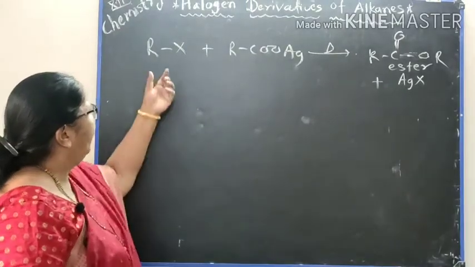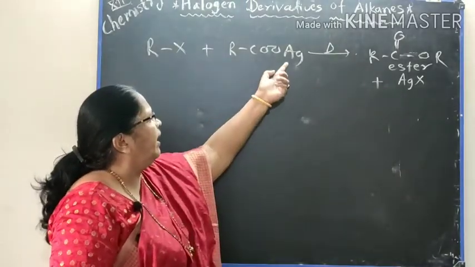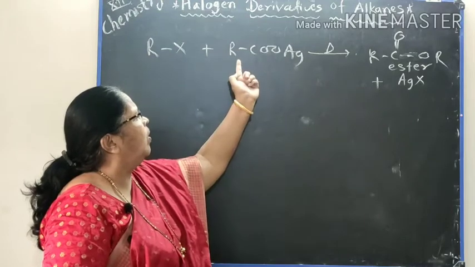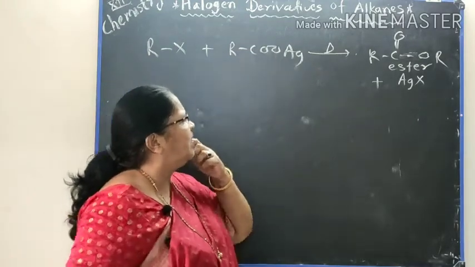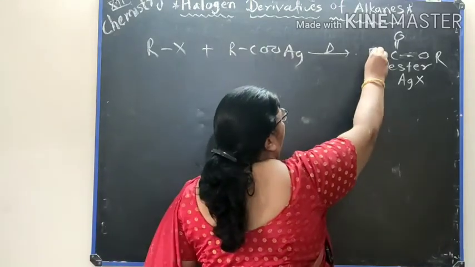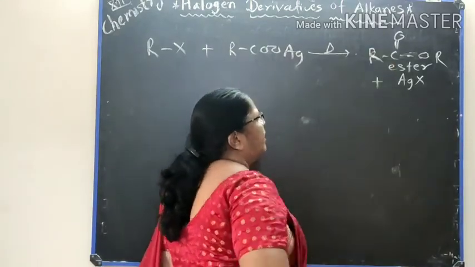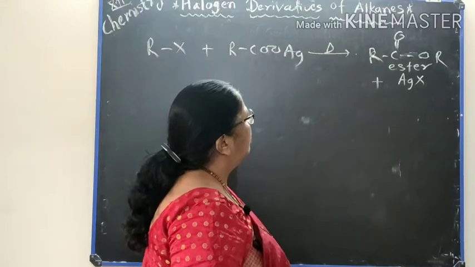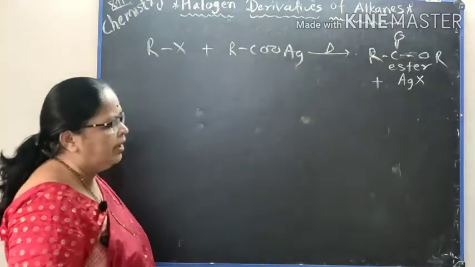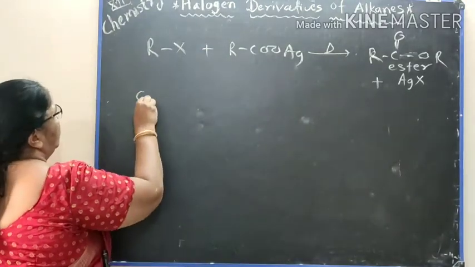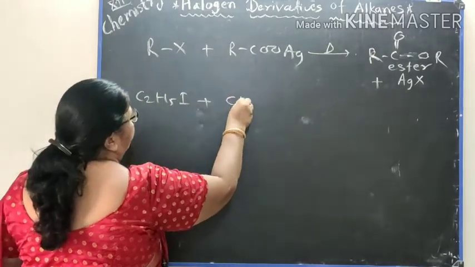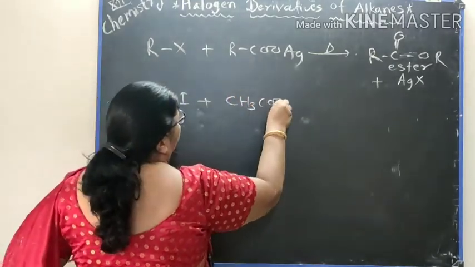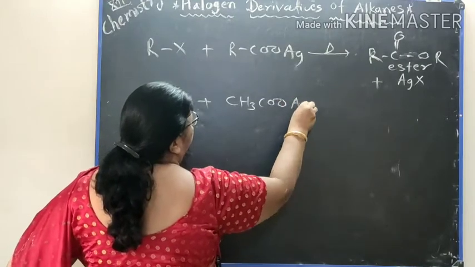Once again, when alkyl halide is treated with silver salt of carboxylic acid, after heating it produces the ester, that is RC double bond OR. Here, for example, suppose ethyl iodide is treated with silver acetate.